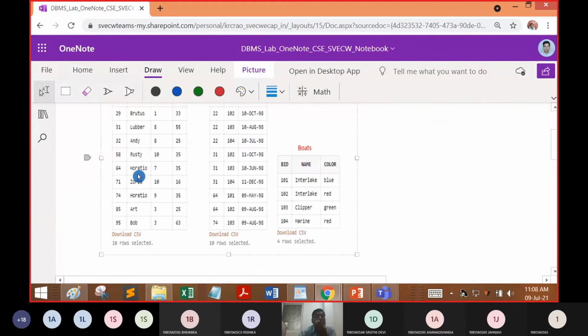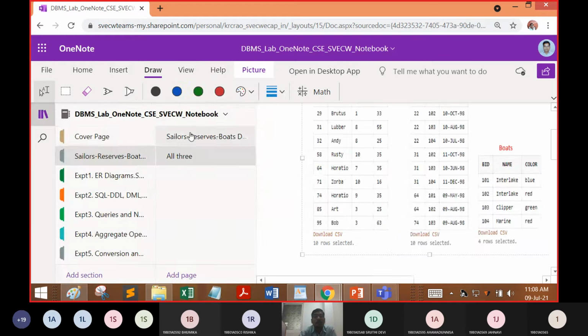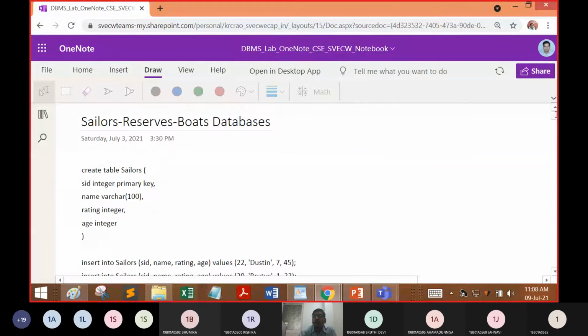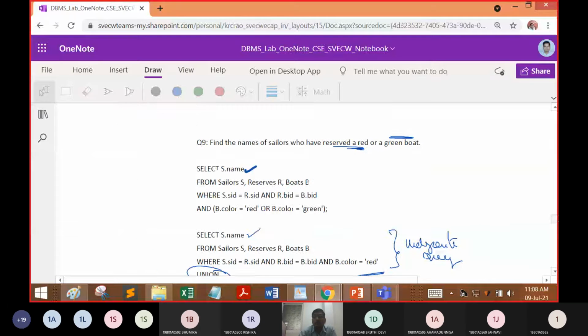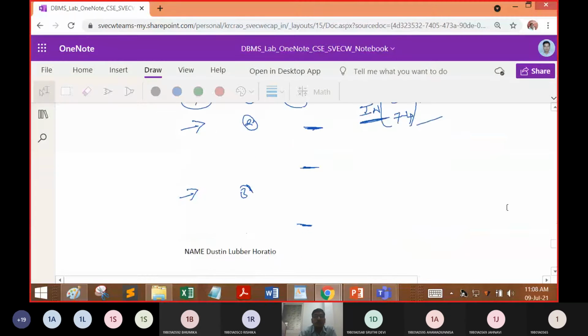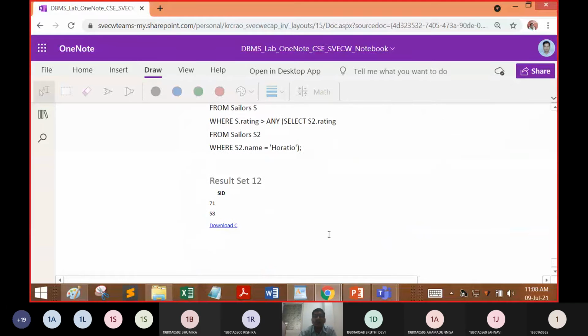Because we have Horatio 1 at one instance and Horatio 2 at another instance. There are 2 instances, so that's the reason why we got this value. So that was the key takeaway why we are looking at this table to generate with any operation. So that was the reason.